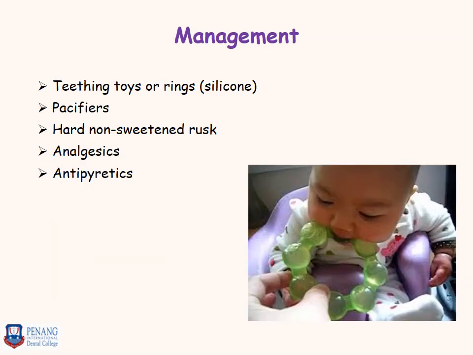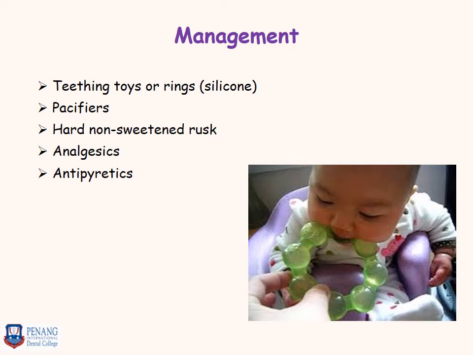So how do we manage a child with teething and associated symptoms? A child with teething is generally associated, as I've already discussed, with pain, diarrhea and a lot of salivation. The pain of the gums can be managed by giving teething toys or silicone rings, which are, as I've said, silicone based, and along with that pacifiers can be used.